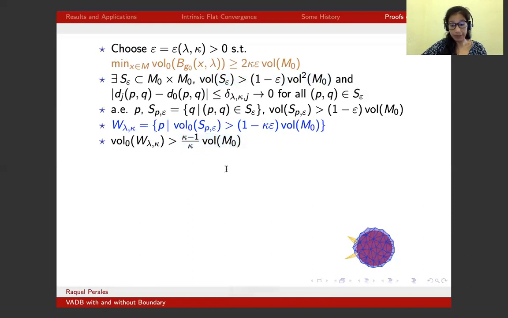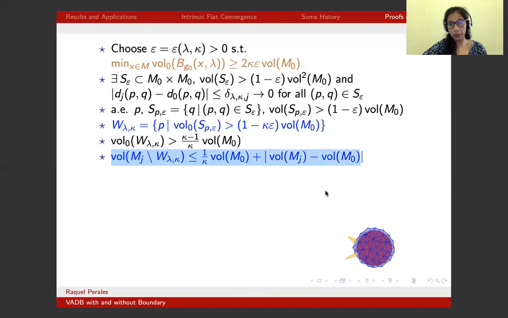And once we have this, because we have G_j greater or equal than G_0, we can conclude this condition. So one of the conditions that we required, that the complement of W_{lambda,kappa} has a very small volume, is given in this way. We have the absolute value of the volume of M_j minus the volume of M_0, and here we will have volume of M_0 divided by kappa.